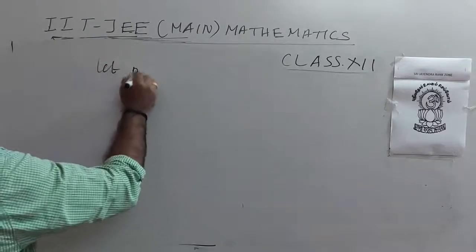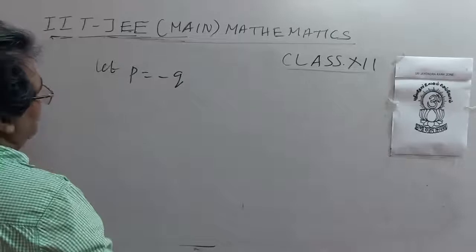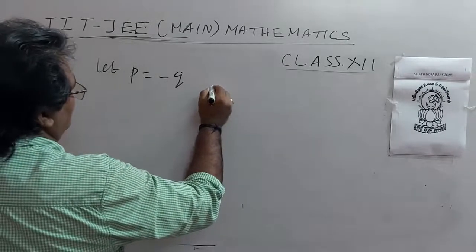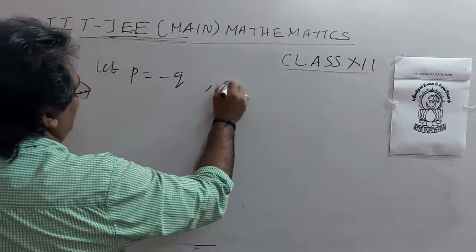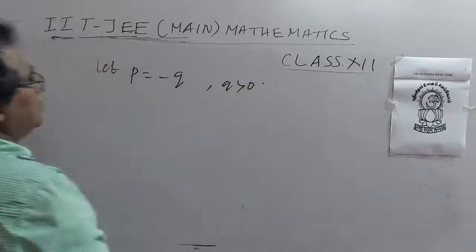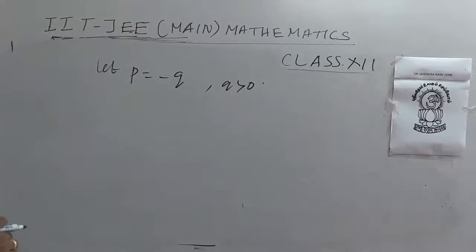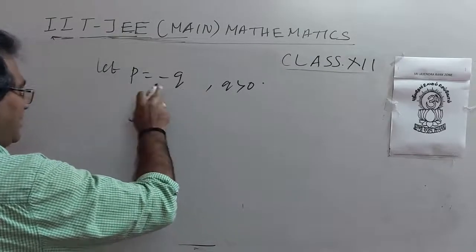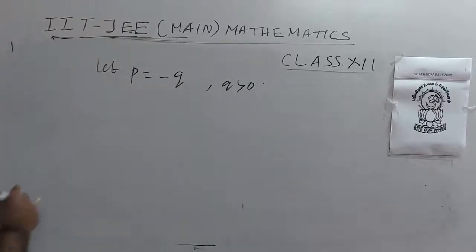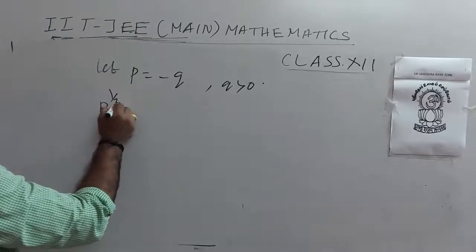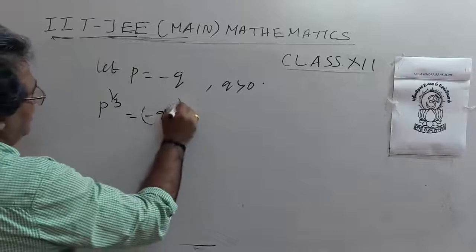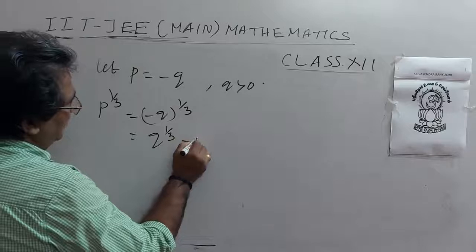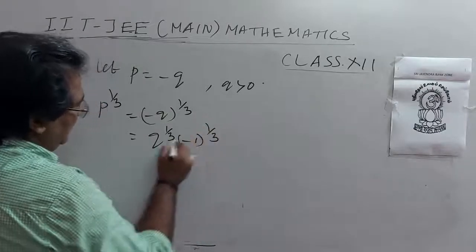Let P equal to minus Q, where Q is greater than 0. If Q is positive, minus into plus is minus, so P is negative. Cube roots of P, that is (minus Q) whole power 1 by 3, Q power 1 by 3 into (minus 1) power 1 by 3.